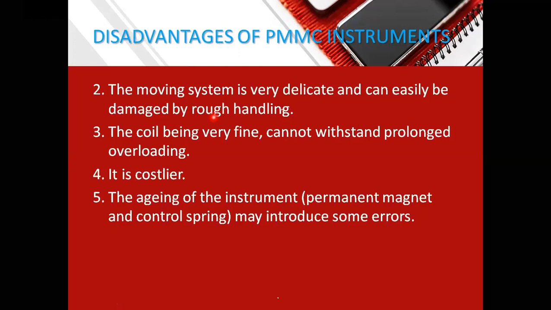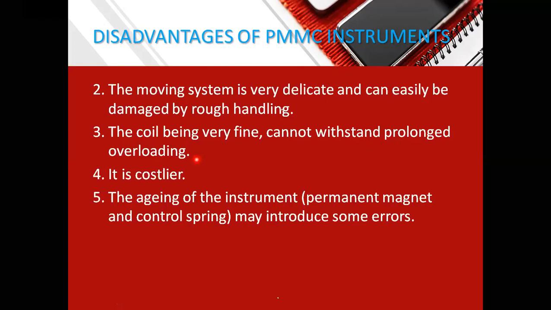If it is not handled delicately, the soldering gets open, the soldering breaks, so it will damage. So we should not handle PMMC instruments in a rough manner. The coil is very fine and cannot withstand prolonged overloading. These instruments cannot handle overloading conditions for a very long time.